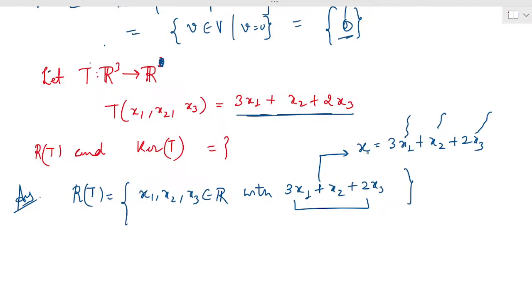Since x1 comes from R, x2 comes from R, and x3 comes from R, 2 times R is again R, this is also R, this is also R. Don't you think that the range would be the entire real number line?